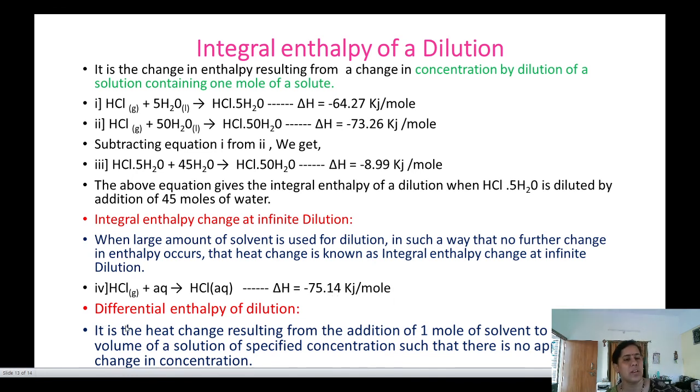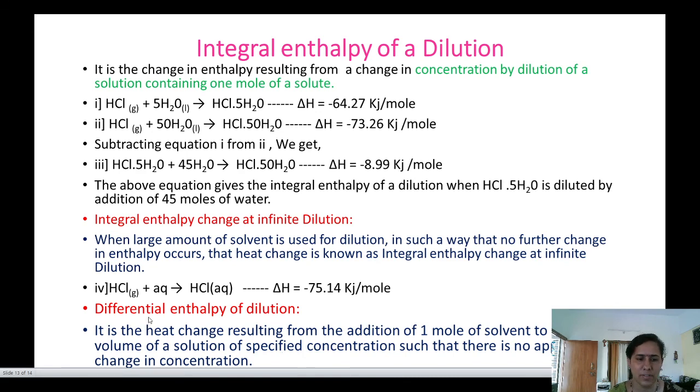The last point is about the differential enthalpy of dilution. It is the heat change resulting from the addition of 1 mole of solvent to a large volume of a solution of specified concentration, such that there is no appreciable change in concentration.